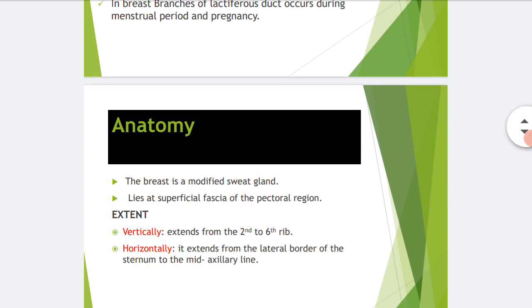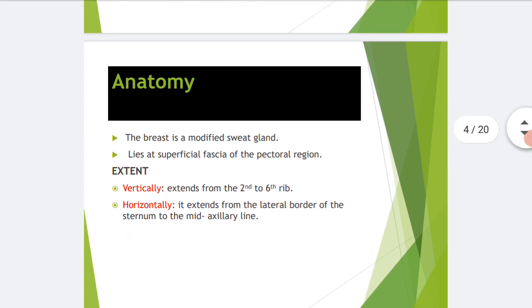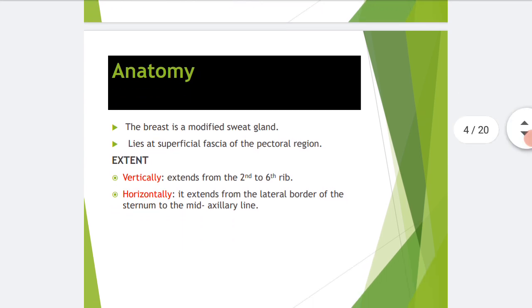Now the anatomy. The breast is a modified sweat gland, lying in the superficial fascia of the pectoral region. Its extent vertically is from the second rib to the sixth rib, and horizontally it extends from the lateral border of the sternum to the mid-axillary line.